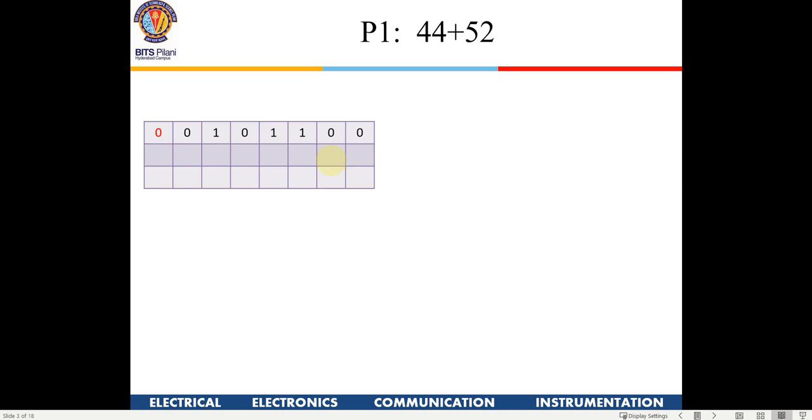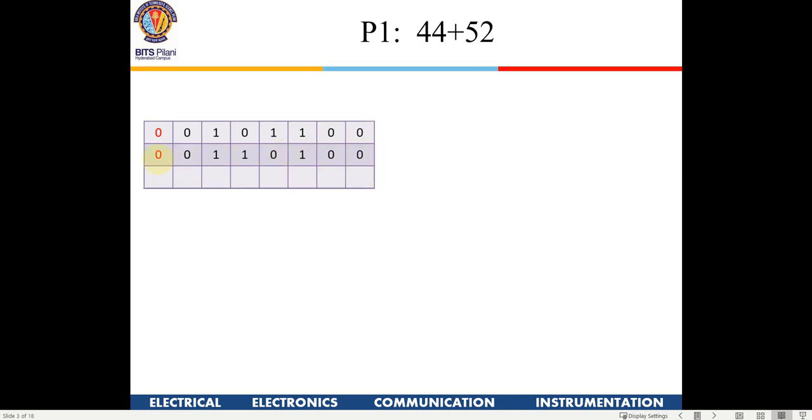Probably the first two classes will be introduction. The third or fourth class will be memory organization, where we will learn how the 8086 very efficiently uses 8-bit and 16-bit. We'll discuss that. For the time being we are considering it as 8-bit data for this tutorial.